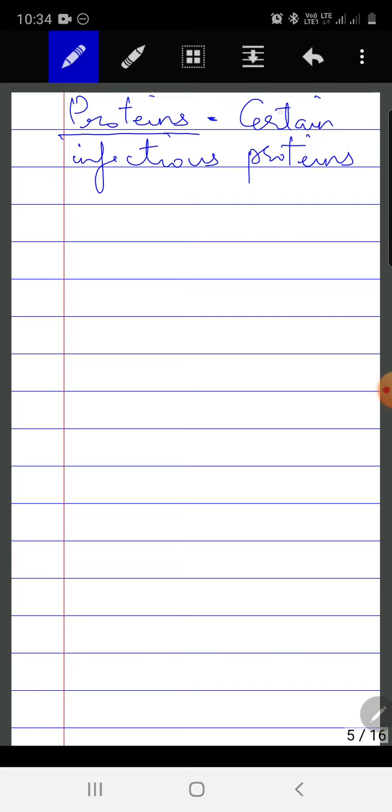There are certain infectious proteins called prions. This is also there in your NCERT, given in the second chapter, biological classification, when there is the virus topic. Certain infectious proteins called prions can multiply.